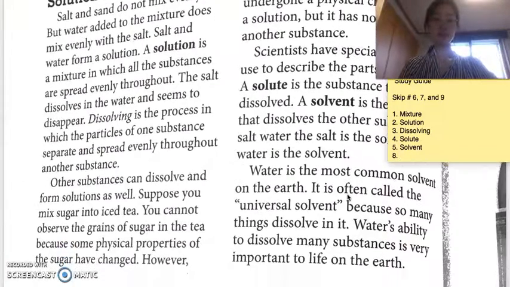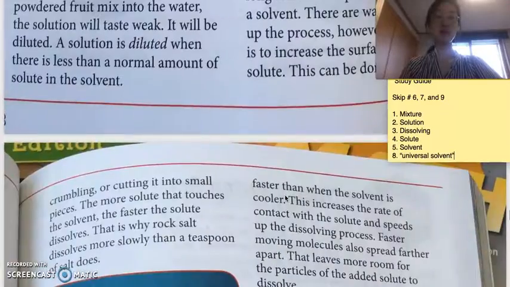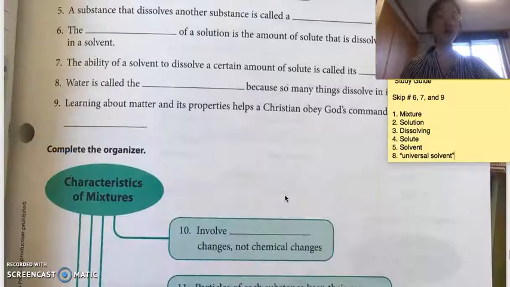I'm going to read the paragraph. Water is the most common solvent on the earth. It is often called the universal solvent because so many things dissolve in it. So our answer is universal solvent. Water's ability to dissolve many substances is obviously very important to life on the earth.